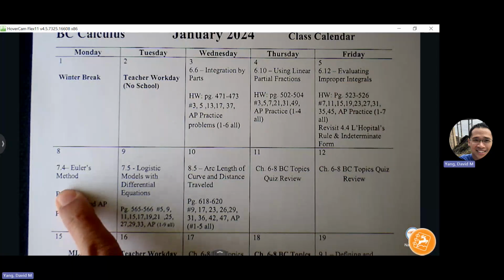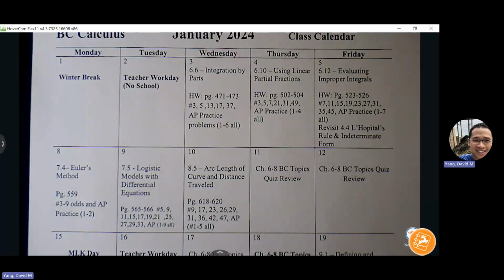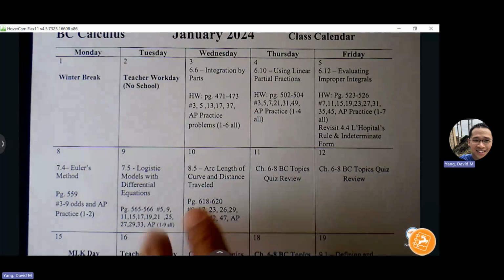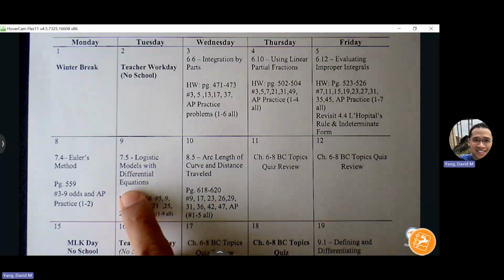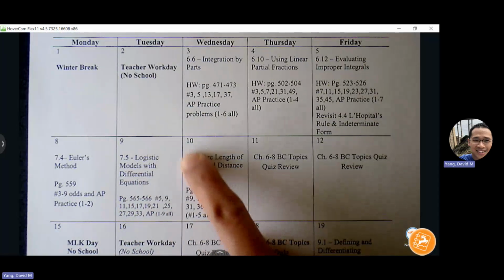You have Euler's method, which is kind of like linear approximation, but a little bit more involved. You have logistic models with differential equations. This is supposed to go with the differential equation unit, but I'm going to wait until now to go over it. And then you have arc length of a curve and distance traveled.